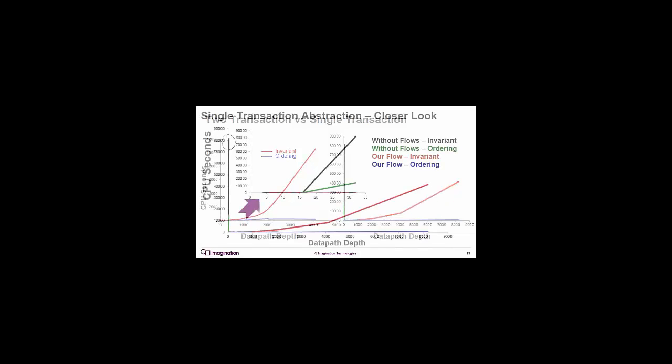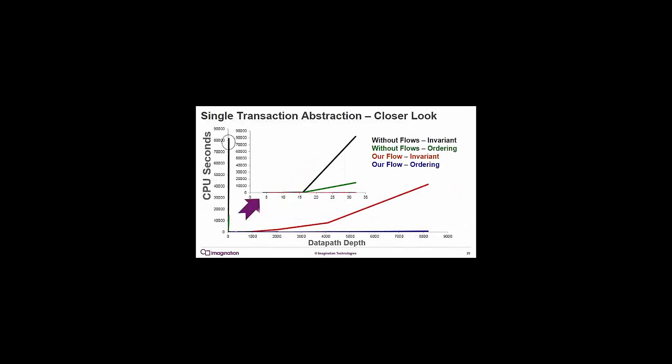Now if you take a closer look at the single transaction one, if you don't use any of the flows, you don't use invariants, you run out of steam at about 32 deep. So you're unable to prove the invariant after about 24 hours, and you're unable to prove anything else. So this is, by the way, this much amount of state, okay?